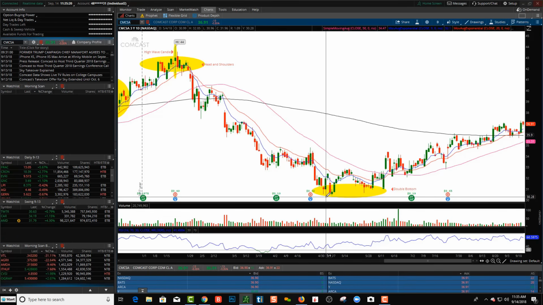So if a stock is having a tough time breaking resistance, once it does, many times it'll come down and retest it, and you want to see that area hold support. If it falls and doesn't hold support, then it becomes resistance again. Everything is all about support and resistance.